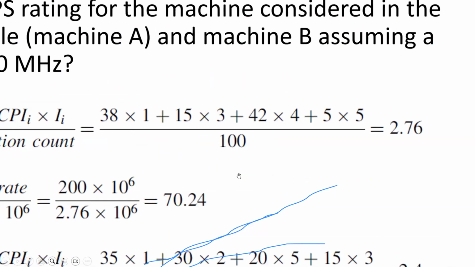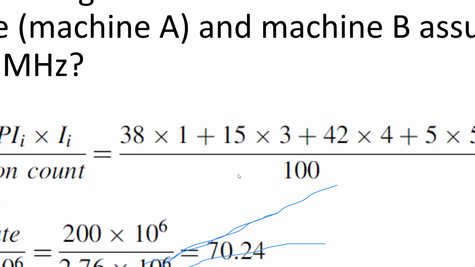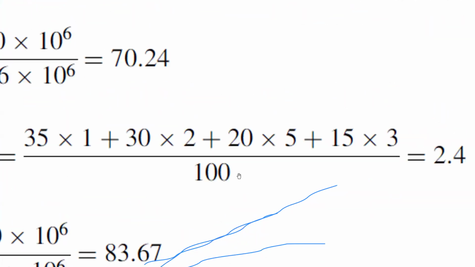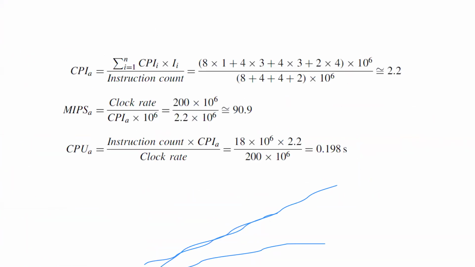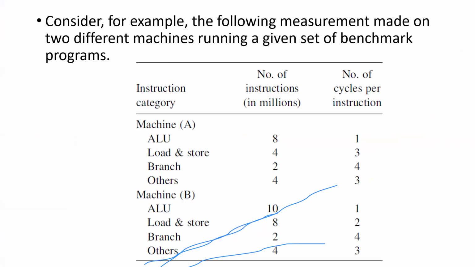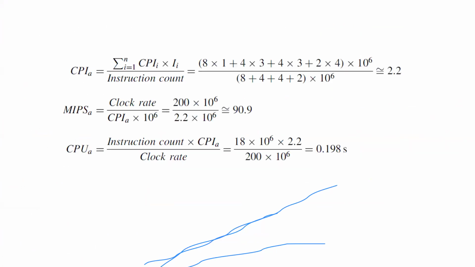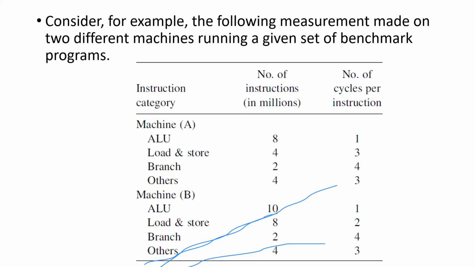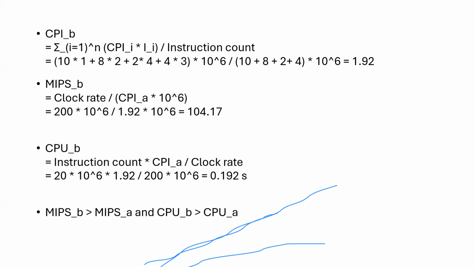So this is the calculation for machine A, the MIPS and the average CPI, but let's put that one aside.